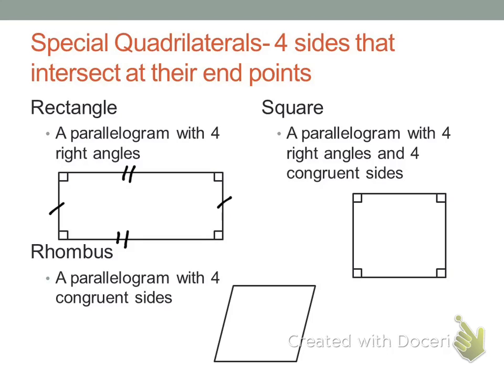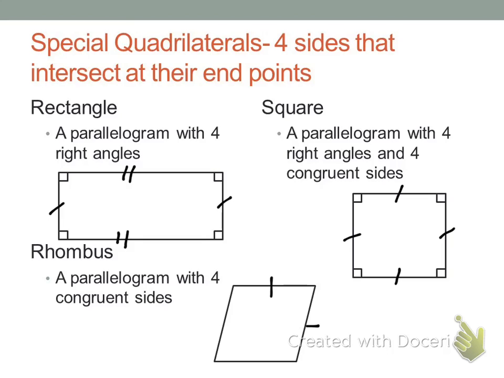Now, a square is another parallelogram, meaning that it has four sides, and both pairs are parallel. But now, all four sides are congruent. They're all congruent, and you have four right angles. Instead of having the lengths be congruent and the widths be congruent, a square has all sides congruent. And then last but not least, you have a rhombus.